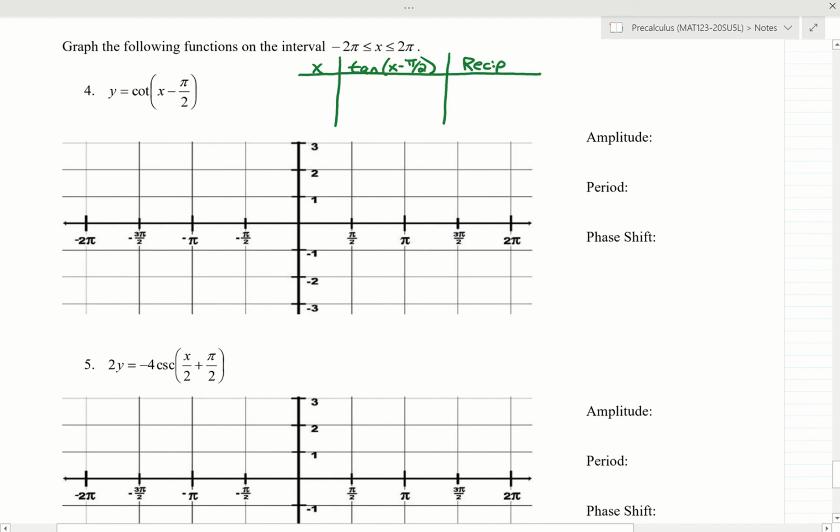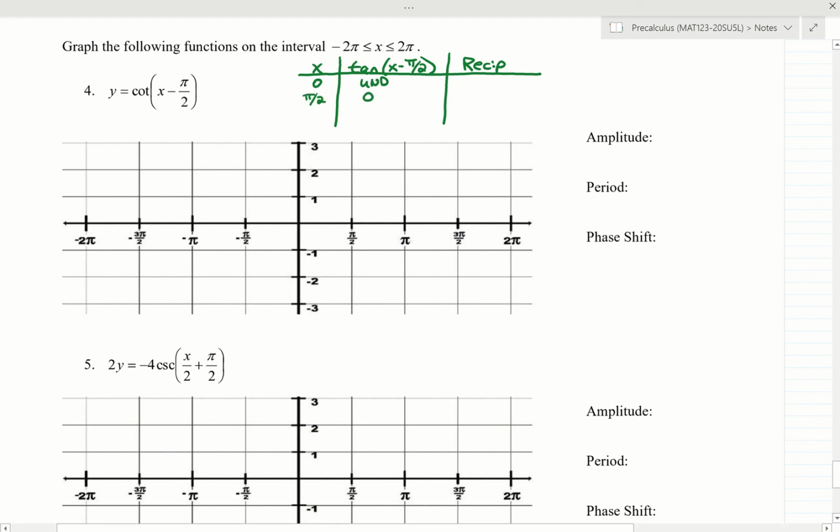I'm going to type in the tangent of a minus pi over 2, and we'll start with 0. If we plug 0 in, we get an error, meaning it's undefined. If we try pi over 2, I'm seeing that we get 0.